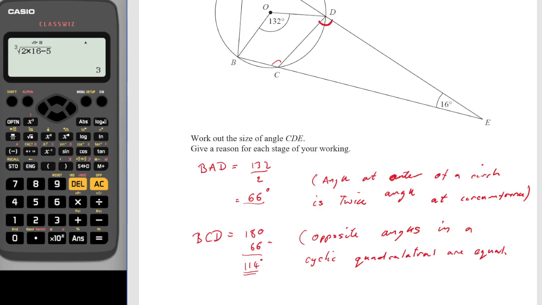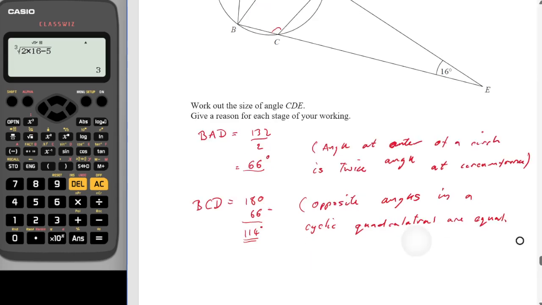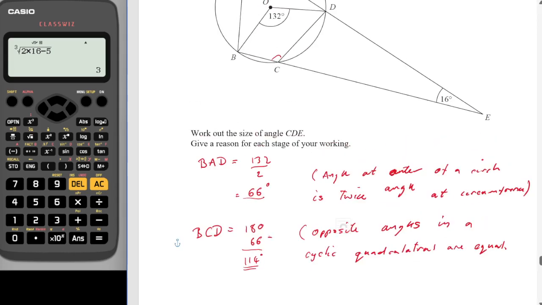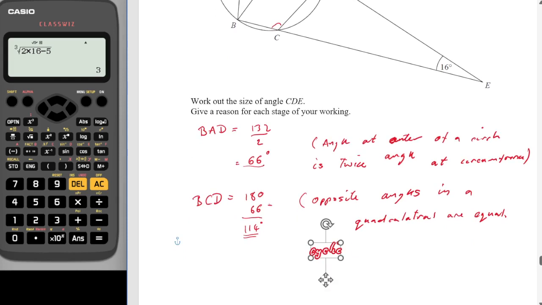And then I'm going to say that in effect this angle must be equal to this angle plus this angle. So CDE must be equal to 114 minus 16, so it must be equal to 98 degrees.